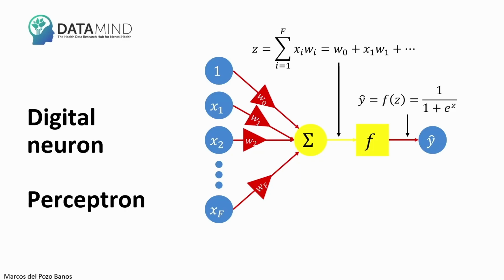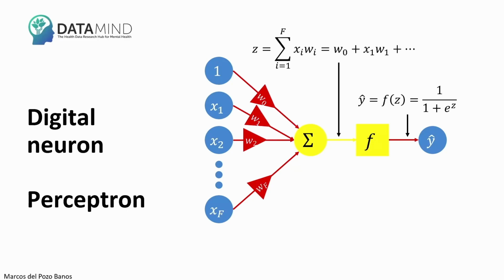This is a logistic regression algorithm. So if we use the logistic activation function in the perceptron, we get a logistic regression algorithm.